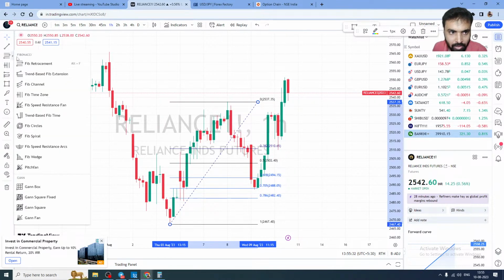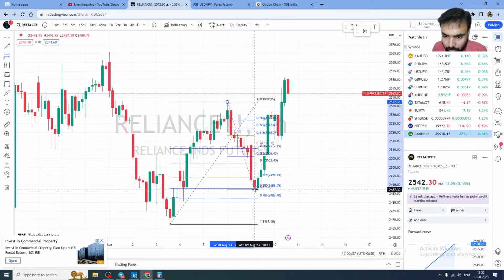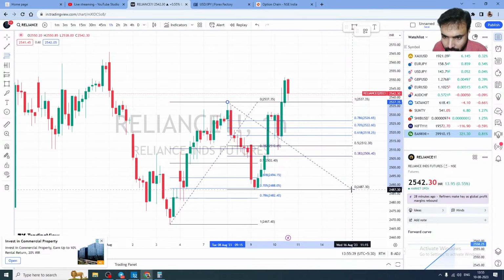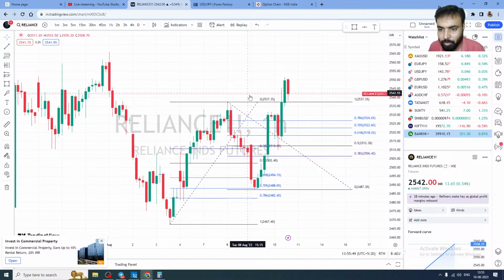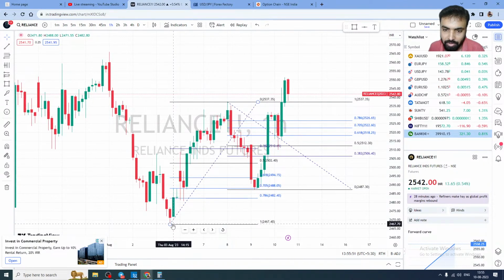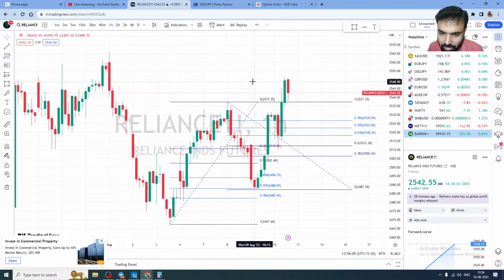Similarly, you can take one more Fibonacci from swing high to swing low. This will tell you exactly, like if I go swing high to swing low to swing high, right? So from the impulsive move stopping point, from the retracement starting point to retracement stopping point, you can mark two Fibonacci like this.